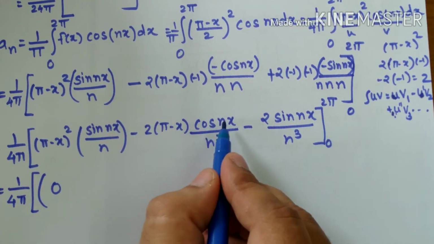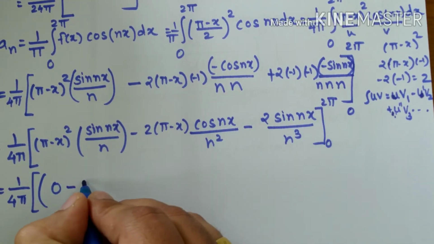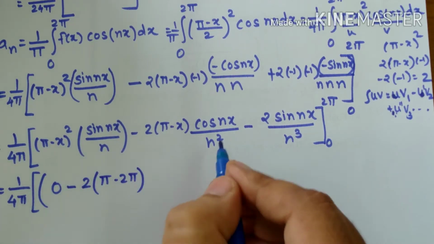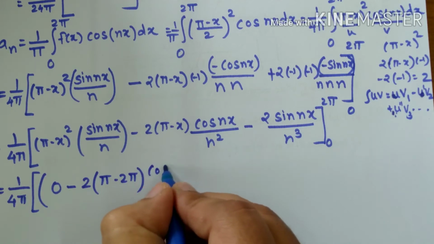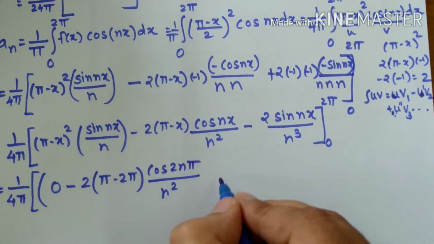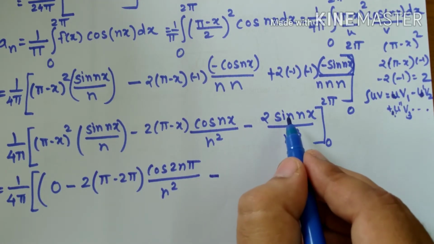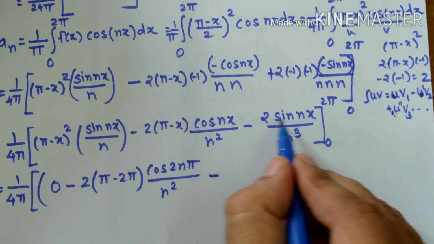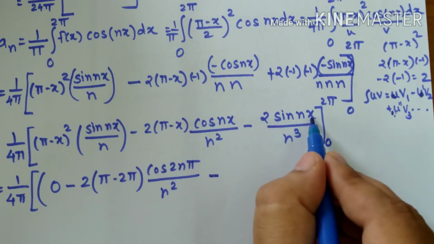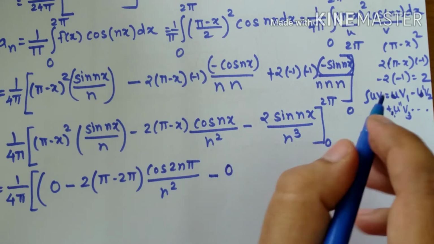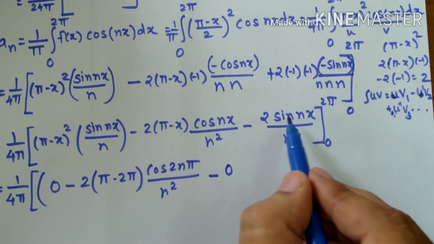Okay, let's come to the middle term. Minus 2 times (2 pi minus 2 pi... pi minus 2 pi) as it is, cos 2n pi. What is the value of cos 2n pi? It is 1. So this term will survive. Now come to the next term, where we substitute 2 pi.